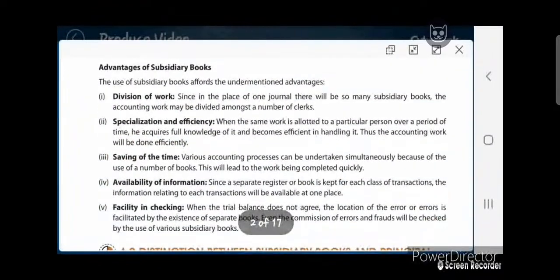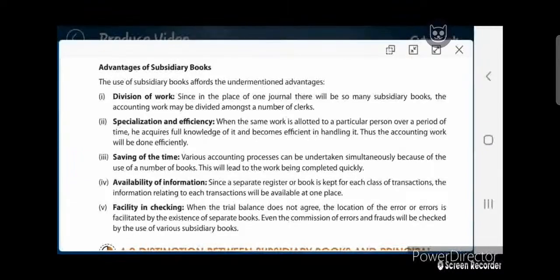Next, advantages of subsidiary books. The advantage of subsidiary books is division of work. Since in place of one journal you will have 7 subsidiary books, the accounting work may be divided amongst a number of clerks available in your company.